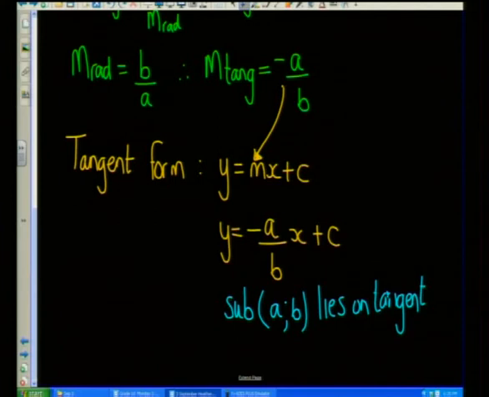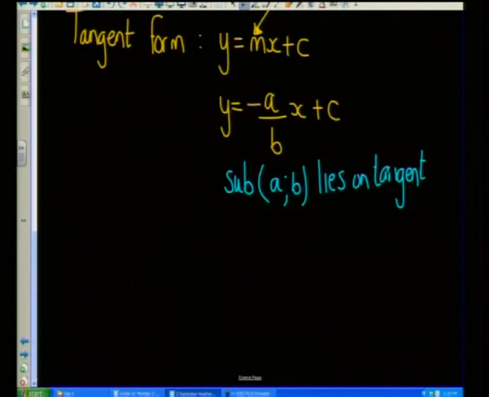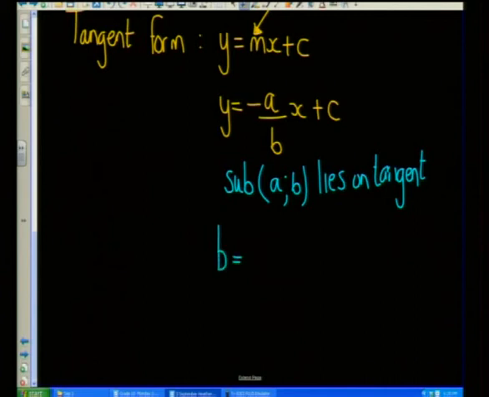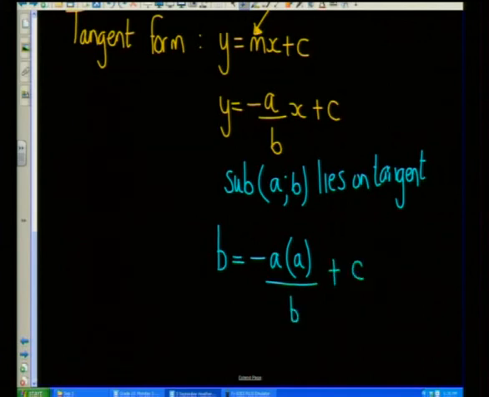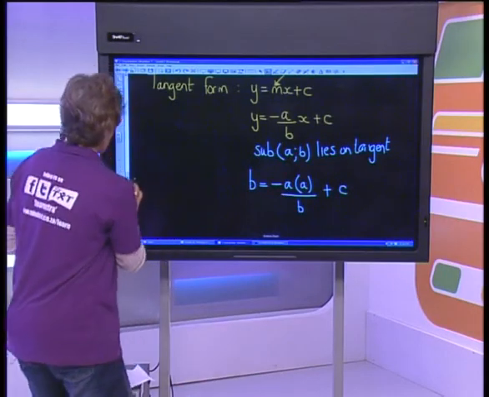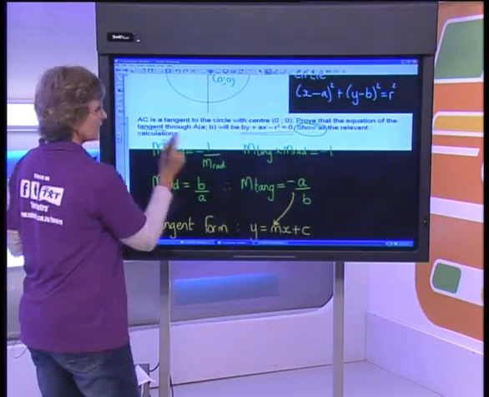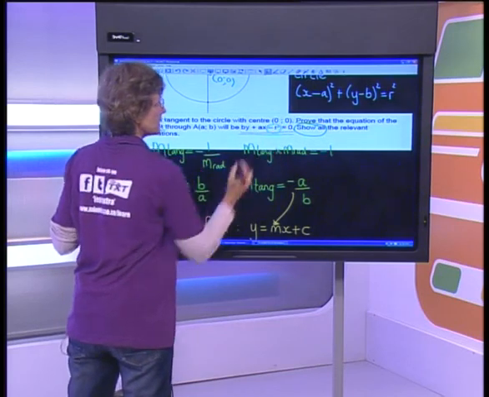So that means that what we are now going to have is B is equal to negative A, the x value is A, over B, add C. Now, at this point in time, I'm going to need to find C. Can you see that from the original thing, I'm missing this piece of information?